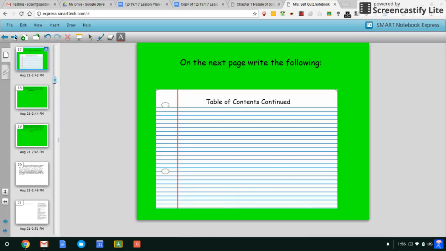Then again, turn to the back of that page. This should be your 4th time writing table of contents, so you're going to write table of contents continued once more. Once you complete that, that should give you 4 pages for table of contents. Now, again, we may not end up needing that, but that will give us room should we need 4 pages.